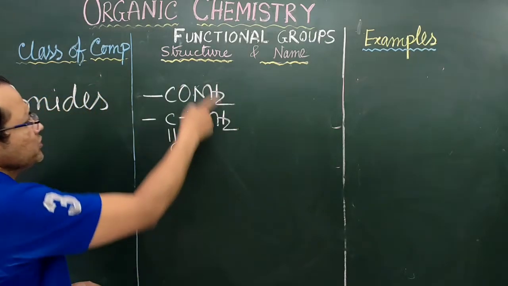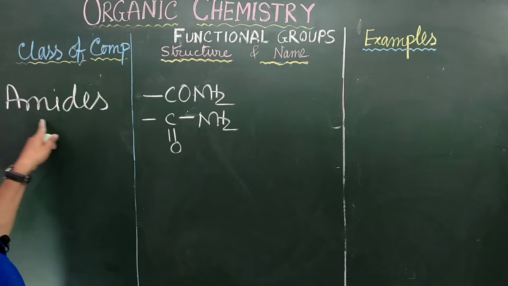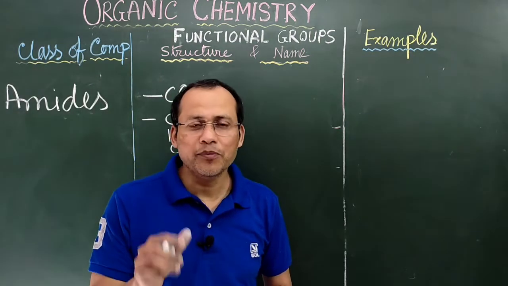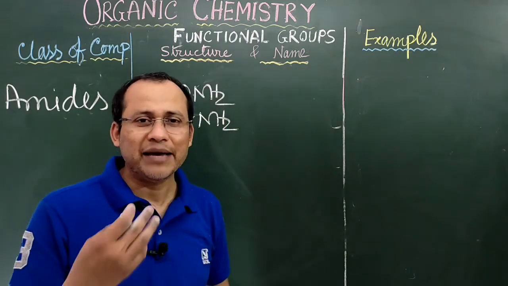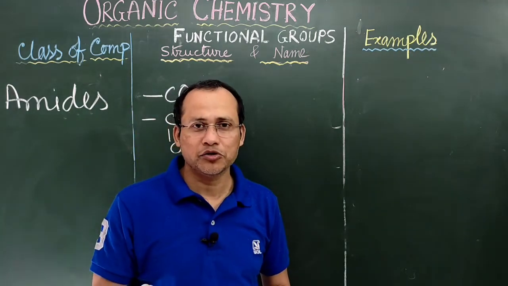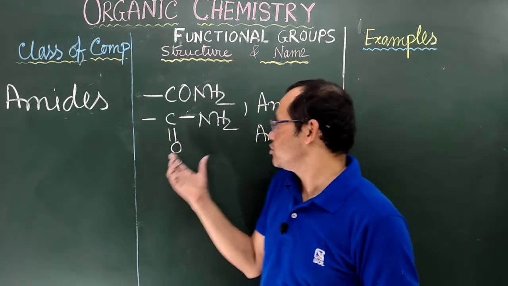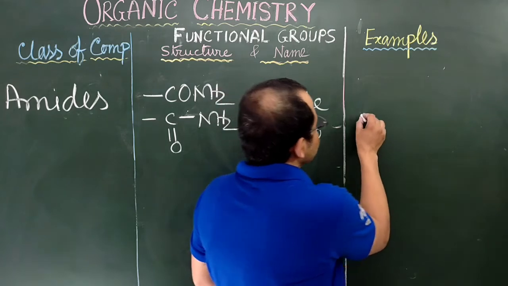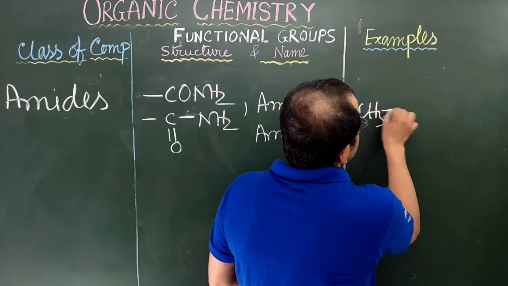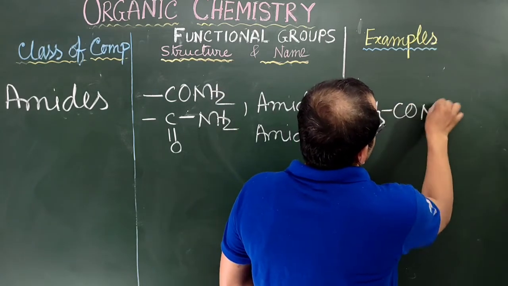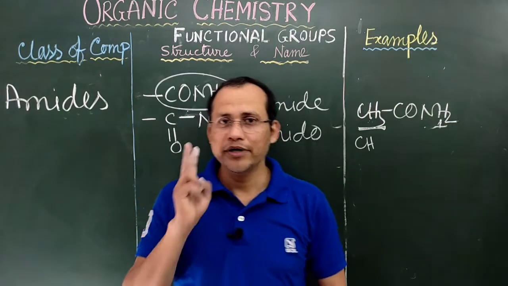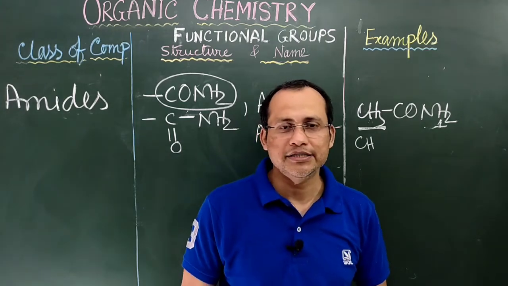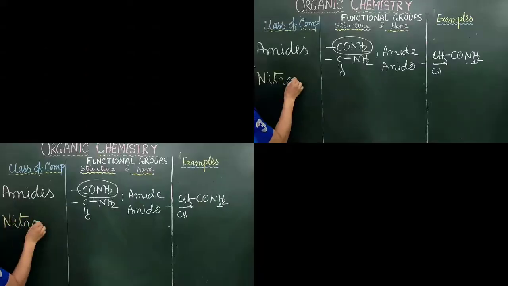So any compound which contains this group is called amide. This group is termed as amide group or amido. So any group which contains this is amide, and if we write down a specific example, it will be CH3CONH2.